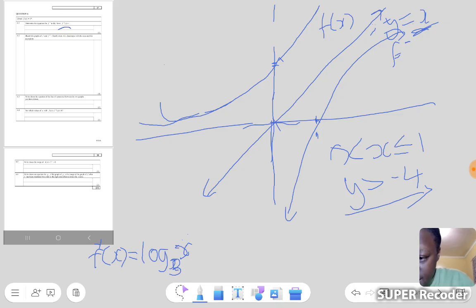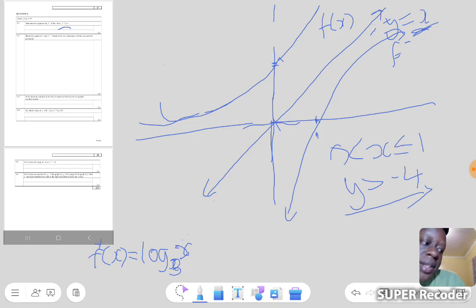So 6.6 says, write down an equation for g if the graph of g is the image of the graph of f after f has been translated 2 units to the right and reflected in the y-axis.